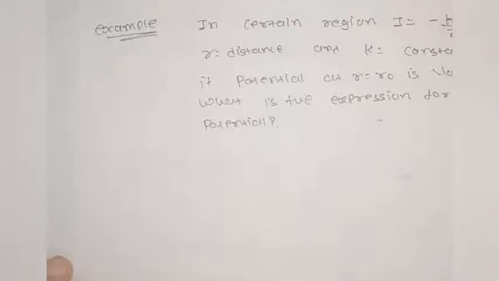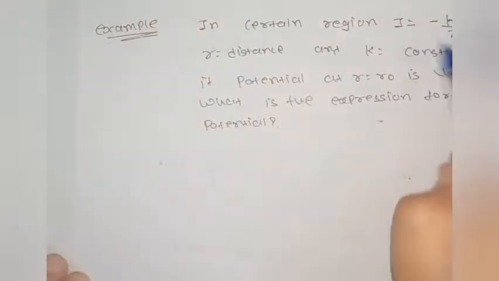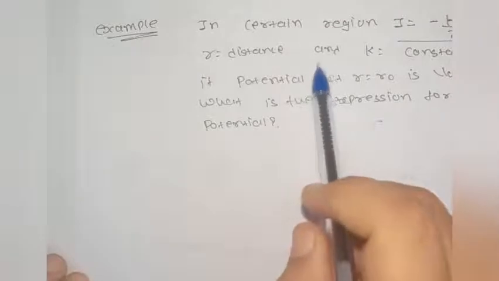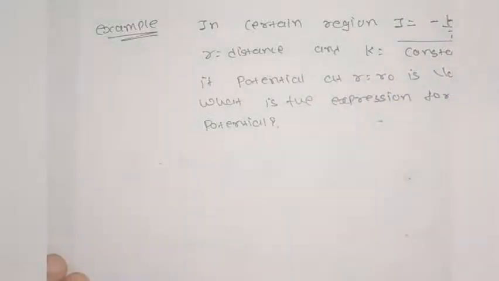In this example, in a certain region, the gravitational field is given by I equals minus k by r, where r is the distance and k is a constant. If the potential at r equal to r naught is V naught, then we want to find the expression of potential.